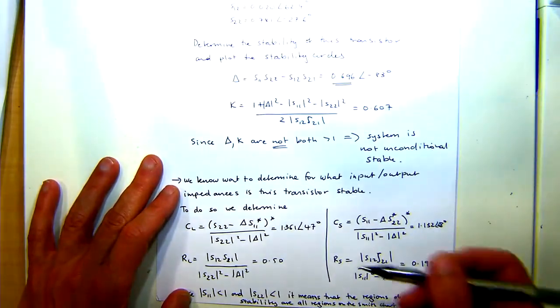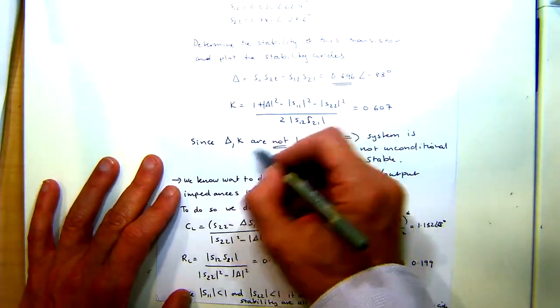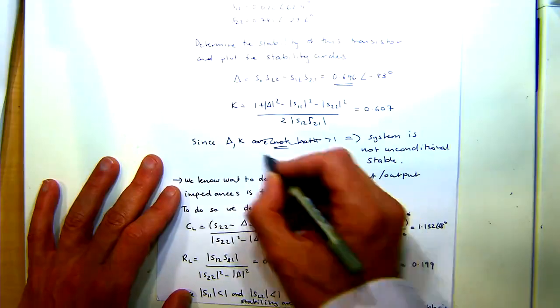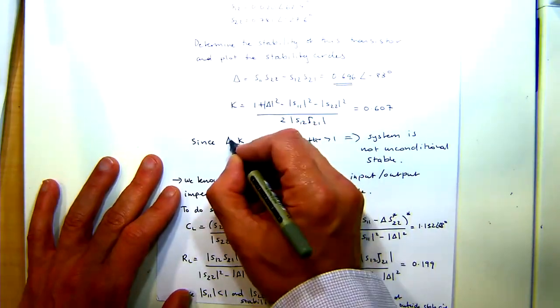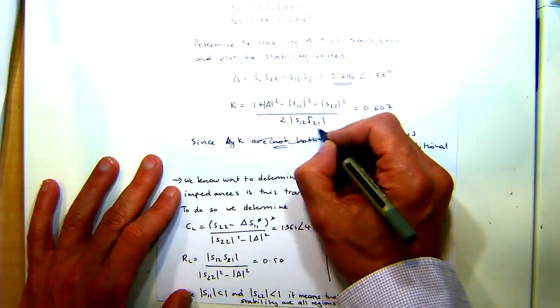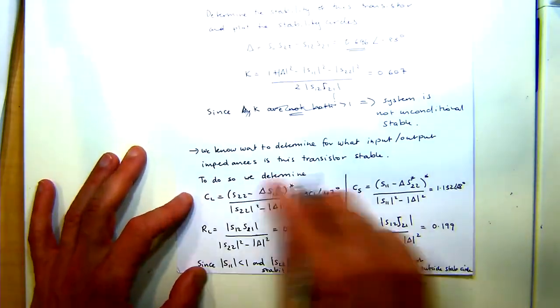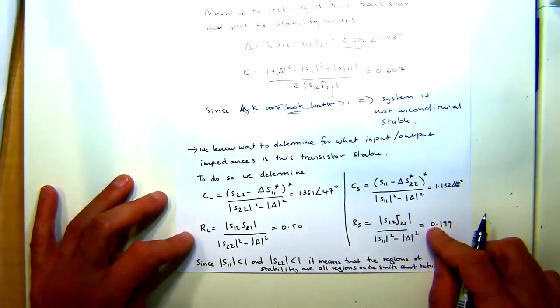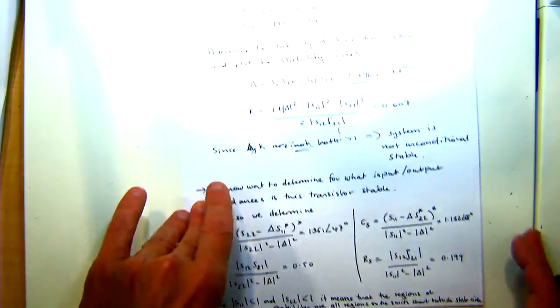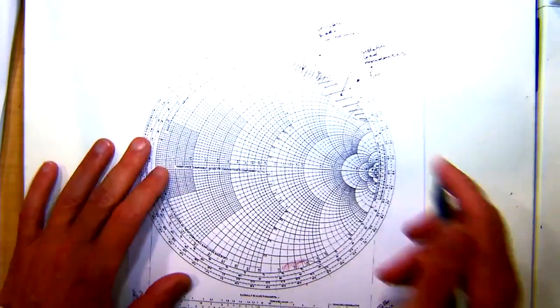delta, kappa. Since kappa is not greater than 1, the system is not unconditionally stable. We worked out the center and the radius for each one of these, and I believe I had also made a mistake on this Smith chart.